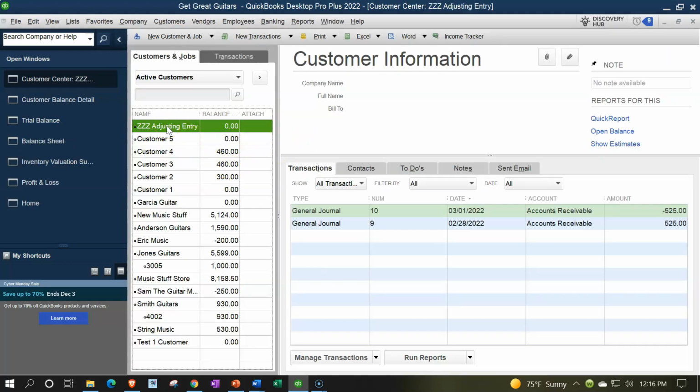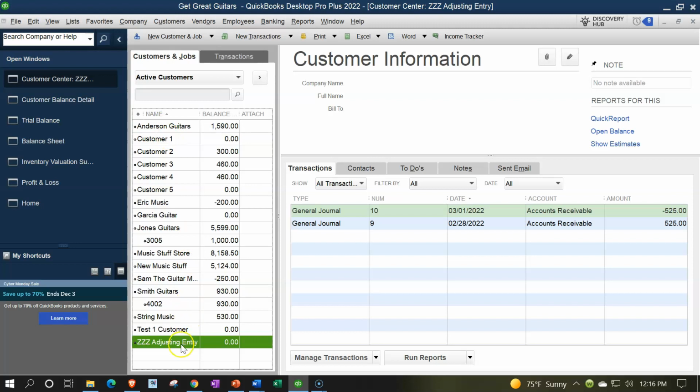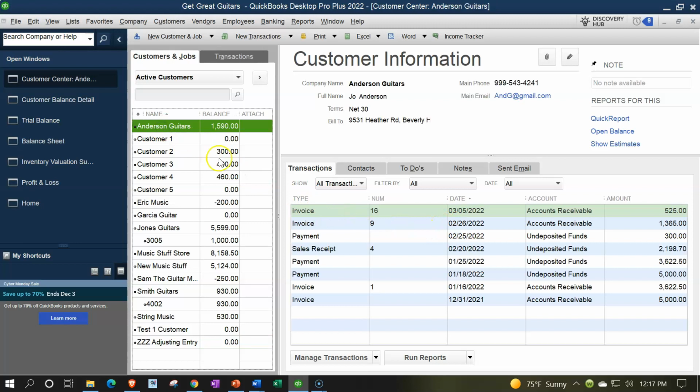Once again, there's our ZZZ, which I would assume they would have put at the bottom alphabetically. Well, if we sort it this way, there it goes. So now we can put that on the bottom. Hopefully it's not bothering anyone, because we're just going to use it for our adjusting entries. And then Anderson Guitars doesn't have these two adjusting journal entries inside of it, which could cause the accounting department some problems. So that was the hope on that.